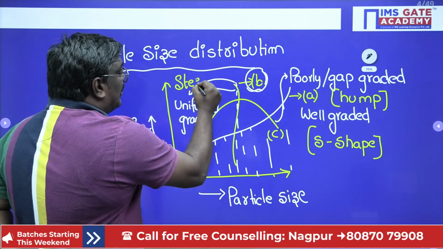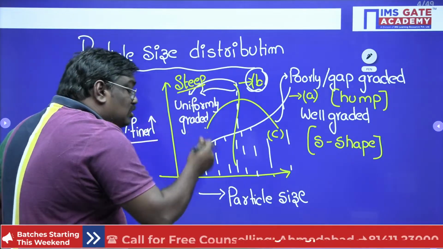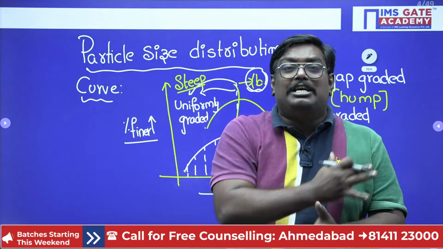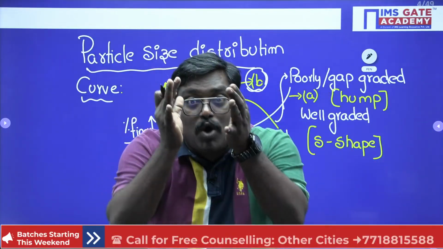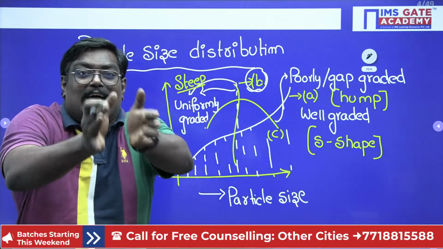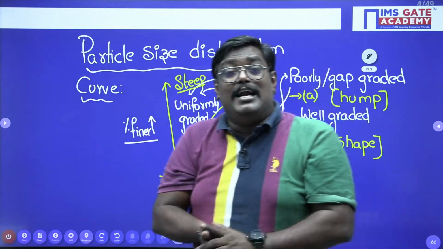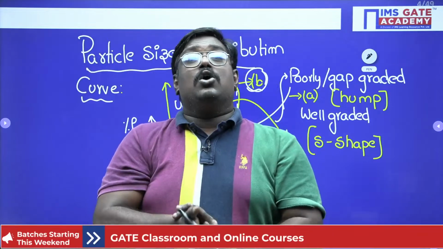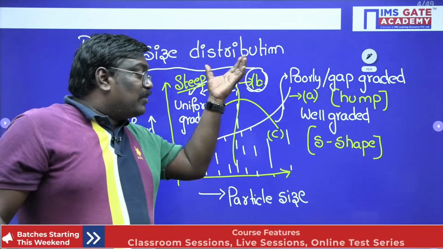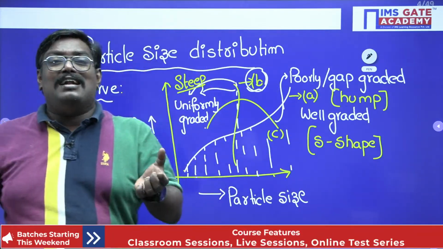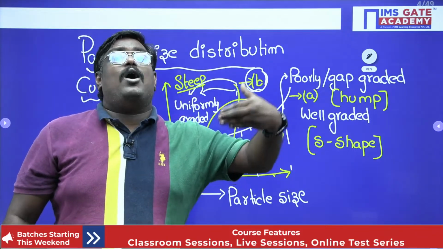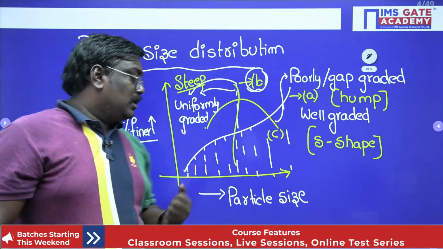So remember, my dear students, through the particle size distribution curve, you are going to understand whether the soil is well graded, uniformly graded, or poorly graded. So from this graph, it is evident whether a soil is uniformly graded, well graded or poorly graded.